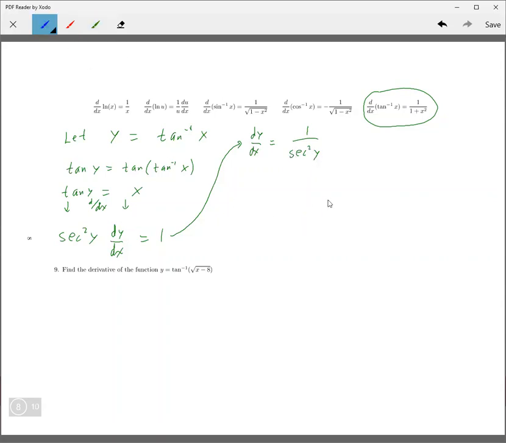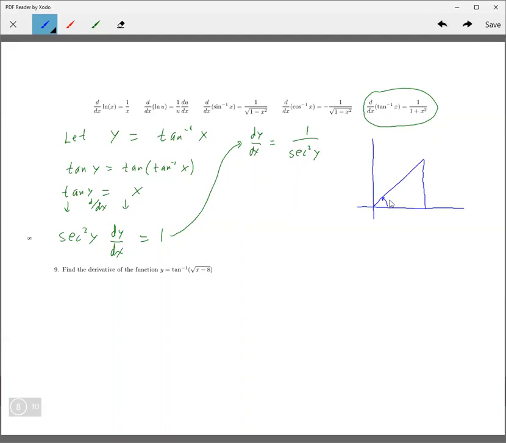Now this requires a second part to explain. What I'm going to do here is draw an angle here, and this angle will be y.